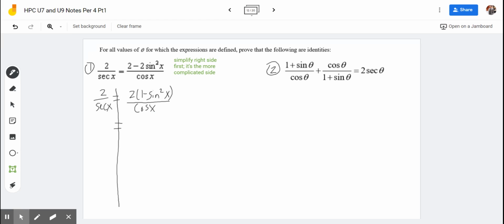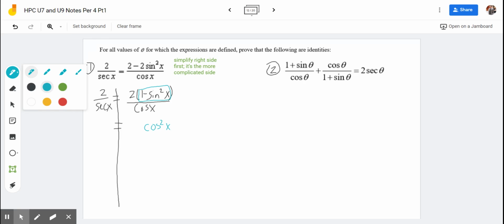So if we take a look at this expression here in the numerator, we have 2 times 1 minus sine squared x over cos of x. And this value here should ring a bell, that kind of looks like a Pythagorean identity. So 1 minus sine squared x is actually equal to cos squared.